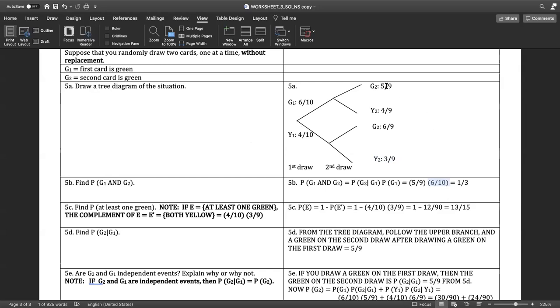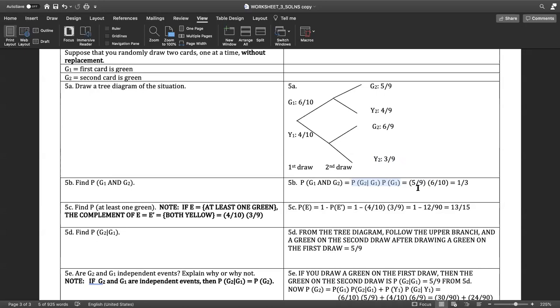Now you want to follow it up with another green card, but now you only have 9 cards in the deck, and 5 of which are green because you pulled out a green on the first draw. So the probability of getting G1 and G2, that is 2 green cards on 2 successive draws, using the multiplication rule for probability, is 5/9.